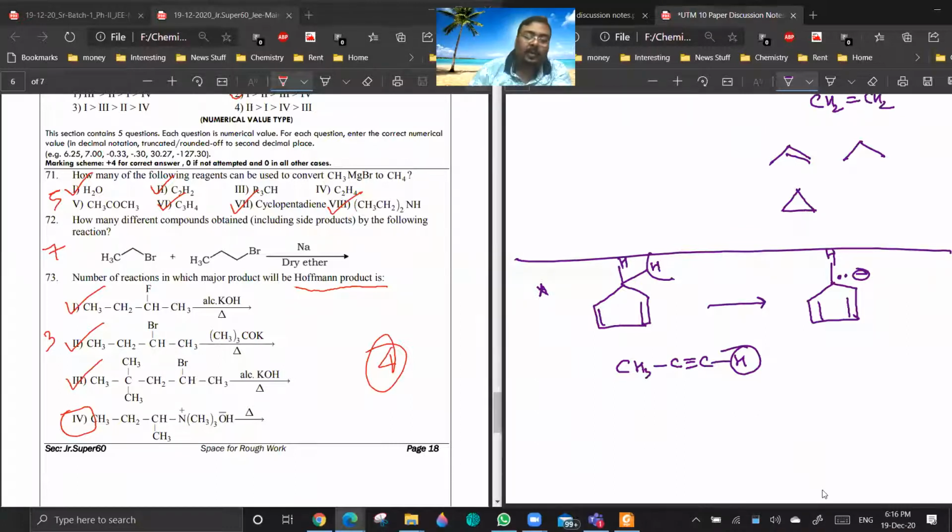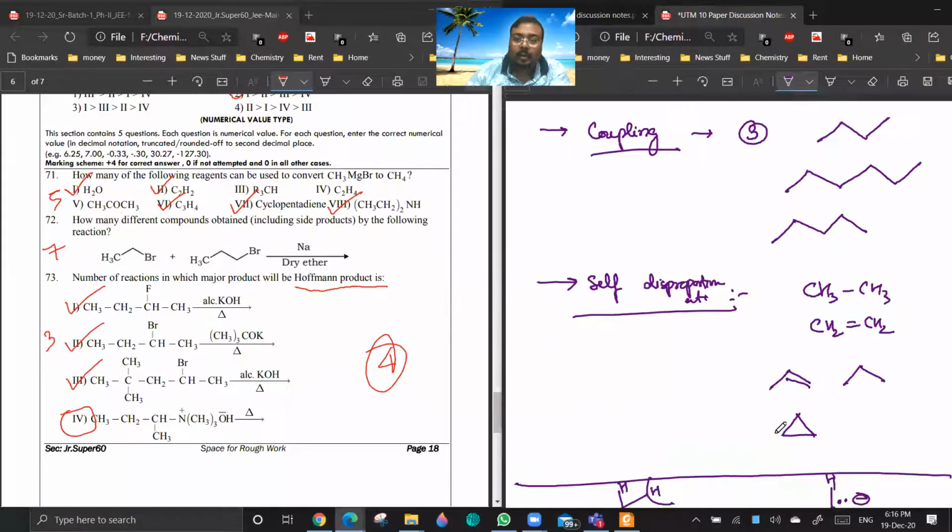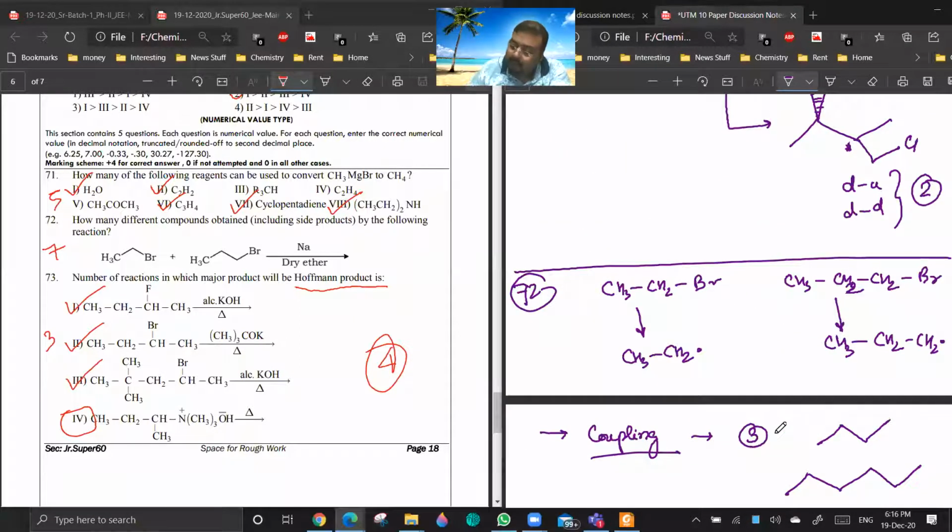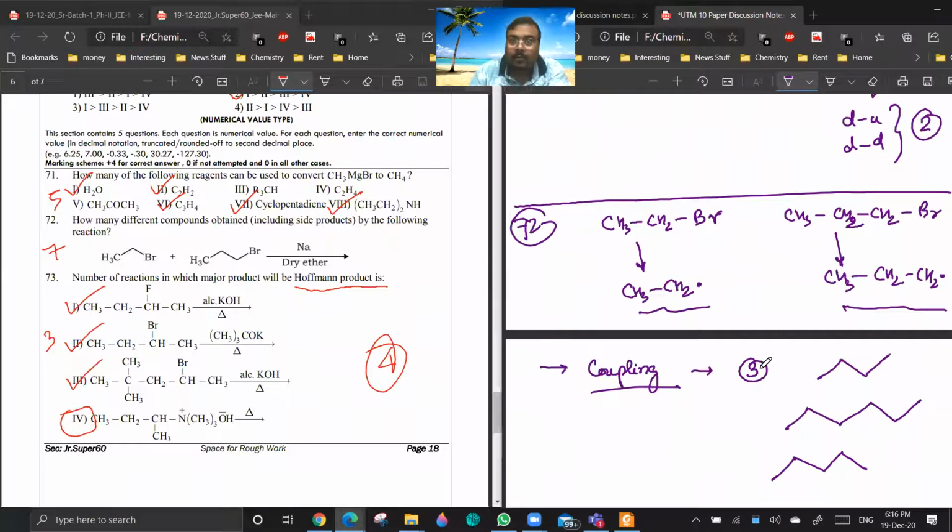Yes, sir. So you see, this is CH3CH2Br, and this is CH3CH2CH2Br. Now when you are having Wurtz reaction, what you do is you first generate the radical R dot. So you get this radical and this radical. Now radicals can undergo two types of reactions.